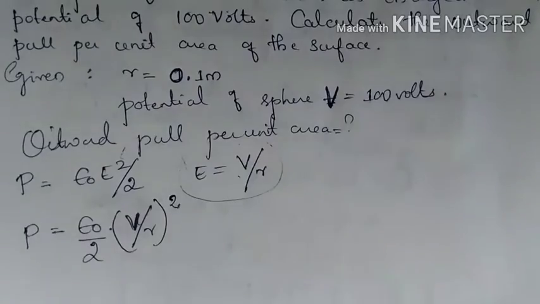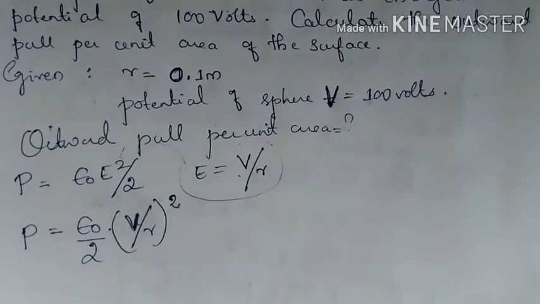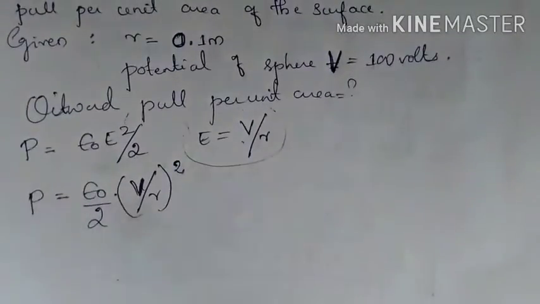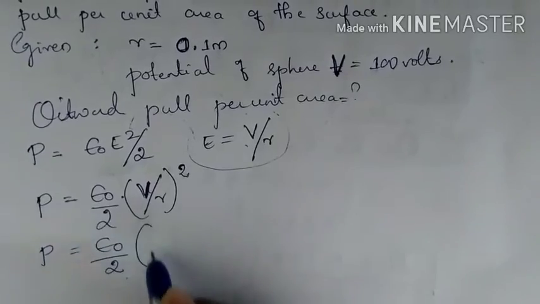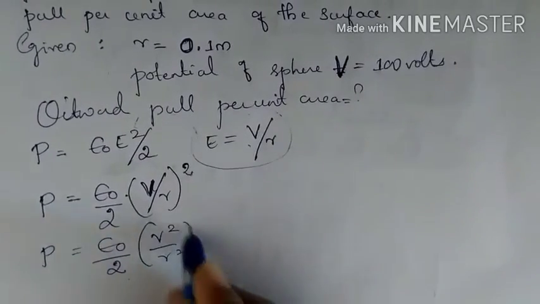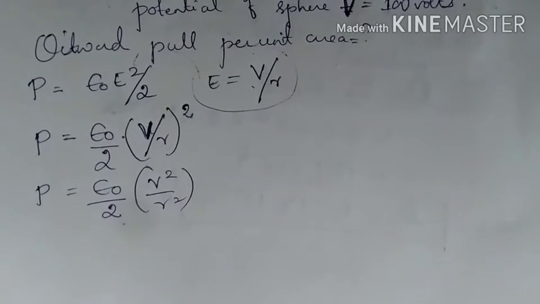Here we know the value of R and we know the value of V. If you substitute, then you can directly get the answer. So P can be written as epsilon naught by 2 into V square by R square. So substitute the value of V and R.